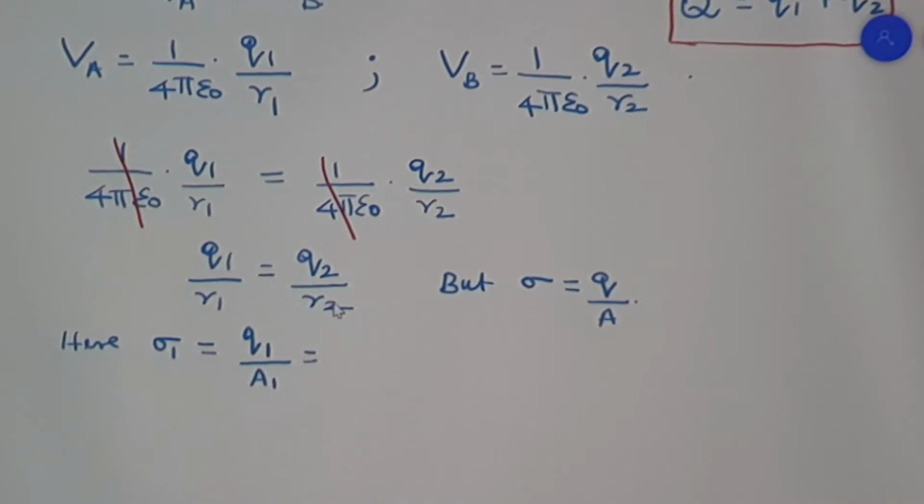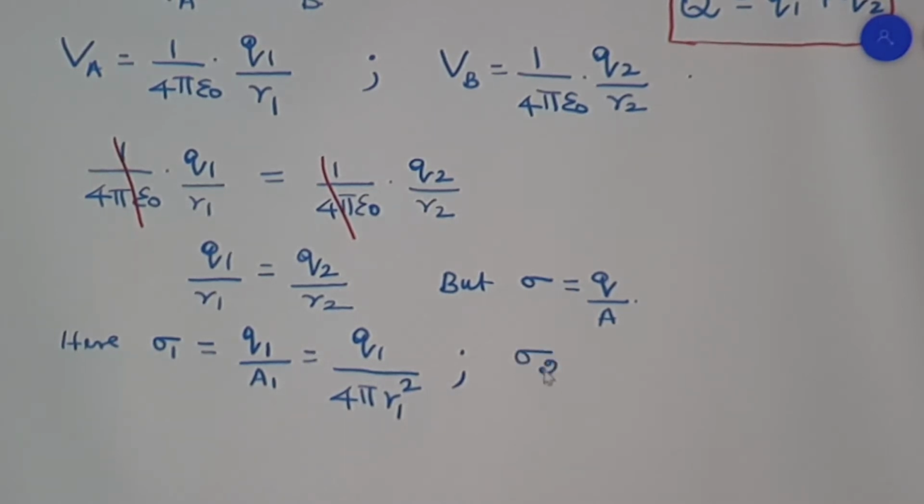What is that area? Area of the sphere A. As we know, the area of the sphere is given by the formula 4 pi r square. In this case, the radius of the first sphere is R1. Therefore, I can write sigma 1 is equal to Q1 divided by 4 pi R1 square.